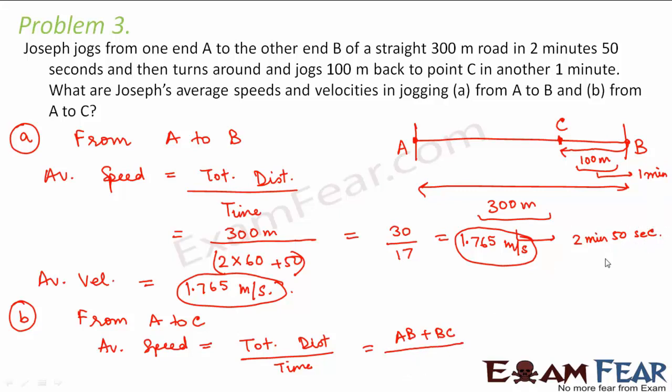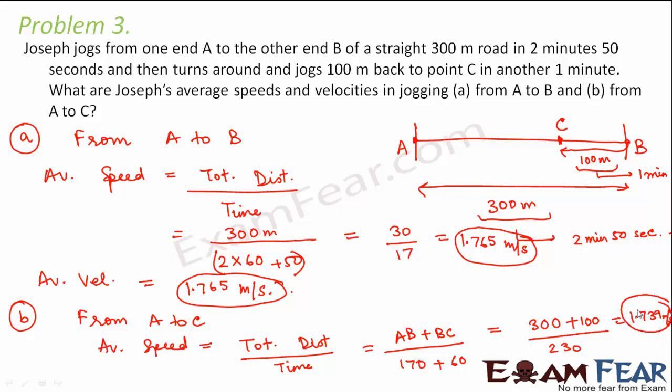That means this time taken plus this 1 minute. So 2 minutes 50 seconds was 2 into 60 plus 50. That was 170 seconds plus this extra 1 minute, which is equal to 60 seconds. So this will be 300 plus 100 divided by 230. So this comes out to be 1.739 meter per second. So this will be the average speed while traveling from A to C.